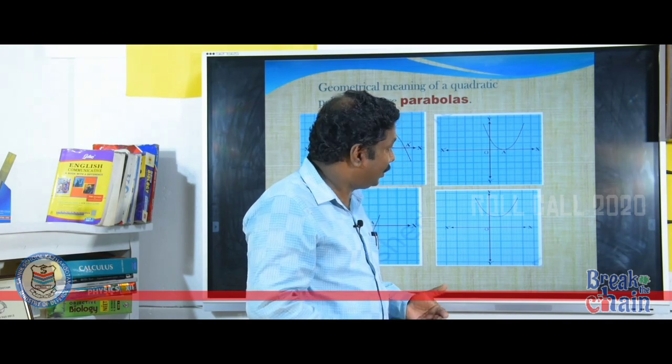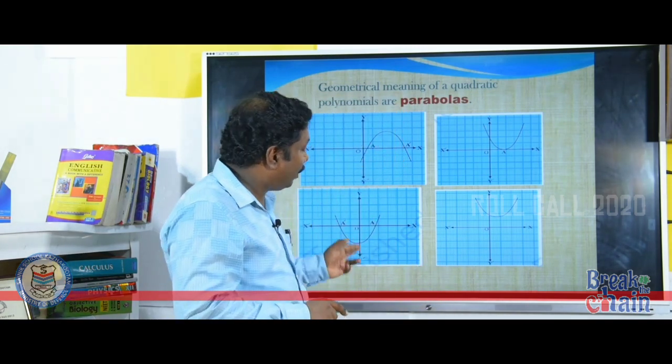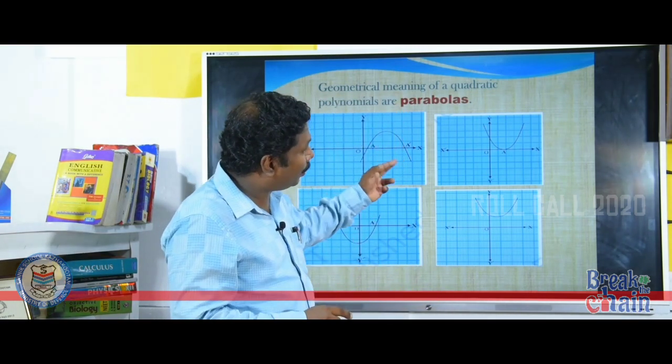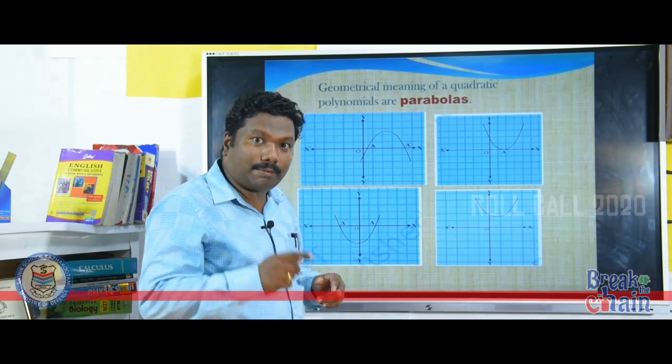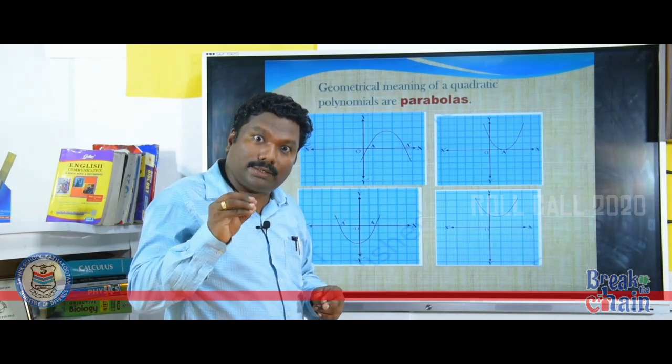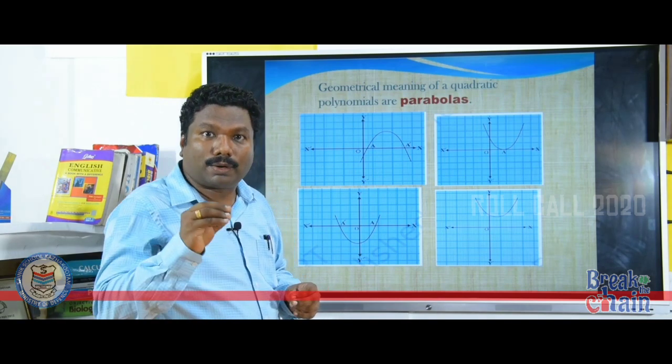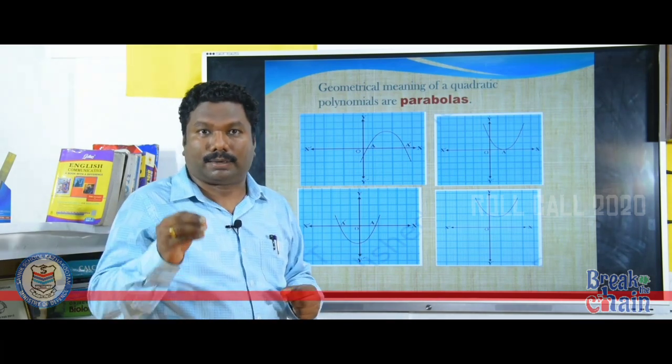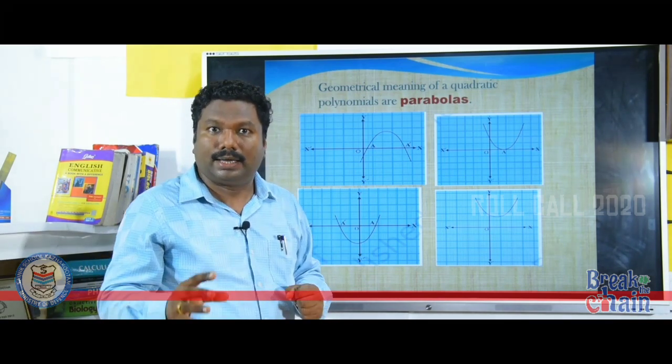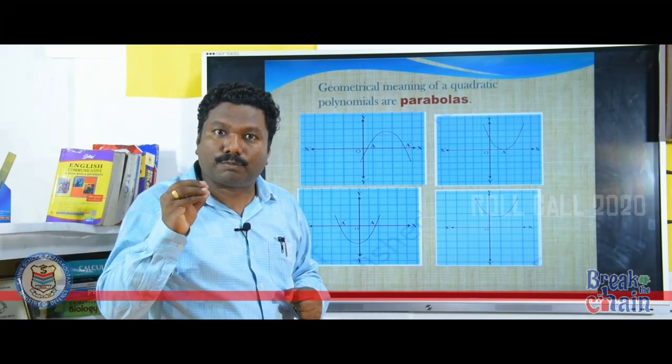Whereas in the last figure, this parabola never touches the x axis. That means it can touch 1 point or 2 points, or it may not touch the x axis. We can conclude that a quadratic polynomial ax square plus bx plus c has at most 2 zeros.